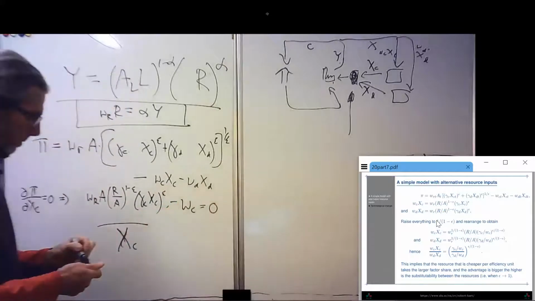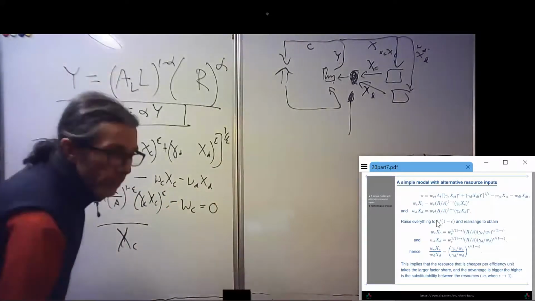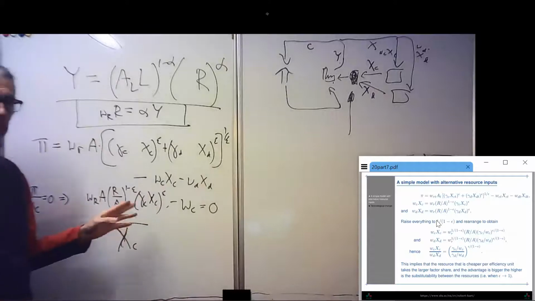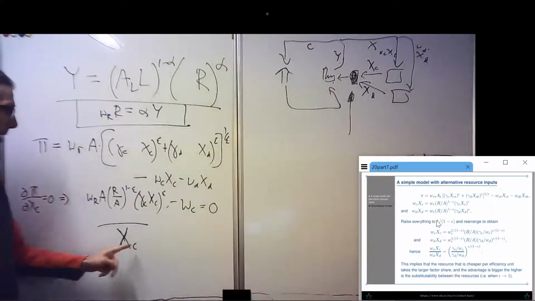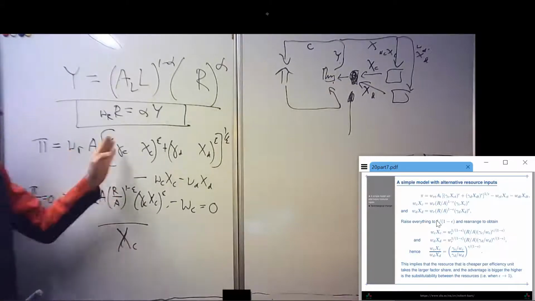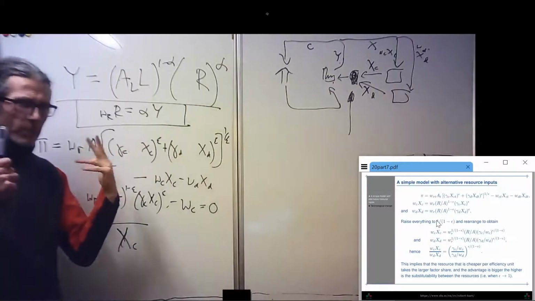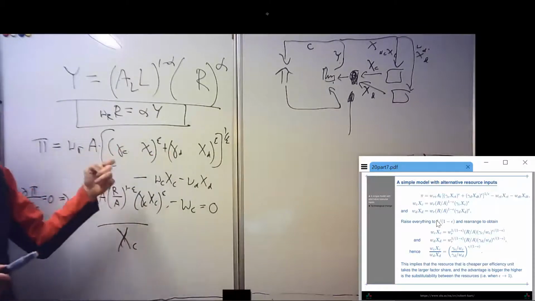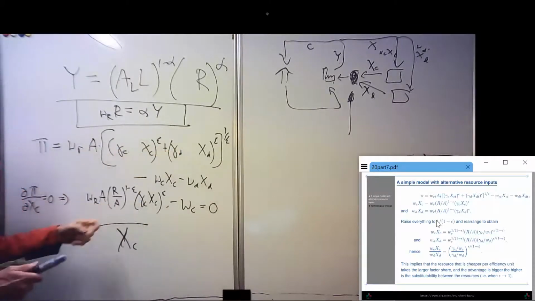Probably for most of you, this is still a bit tricky. But this is the answer. If it's still tricky, just practice it, work through it, convince yourself that this is right.